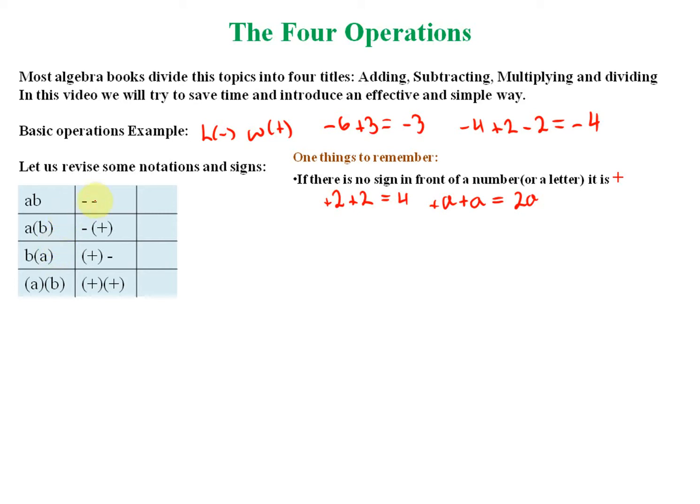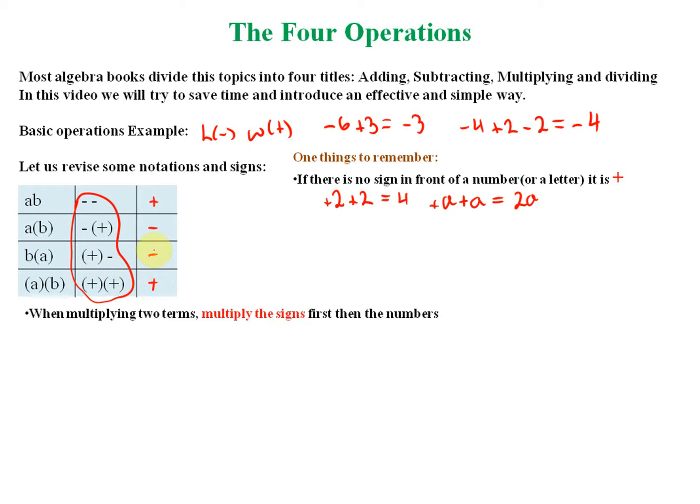So if you see 2 signs next to each other in the forms included in the table, you just simply multiply them together, knowing that multiplying 2 negatives would give you a positive. Negative and positive would give you a negative. Positive and negative would give you a negative. Positive and positive would give you a positive.